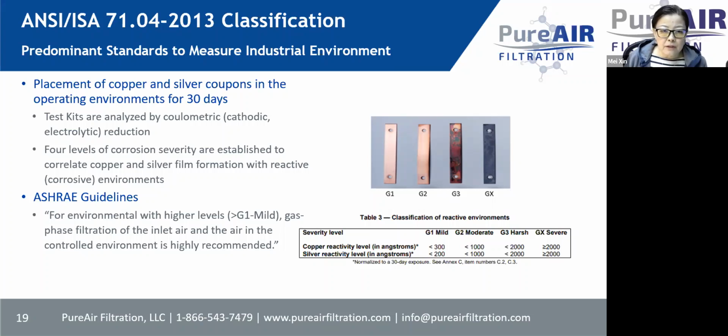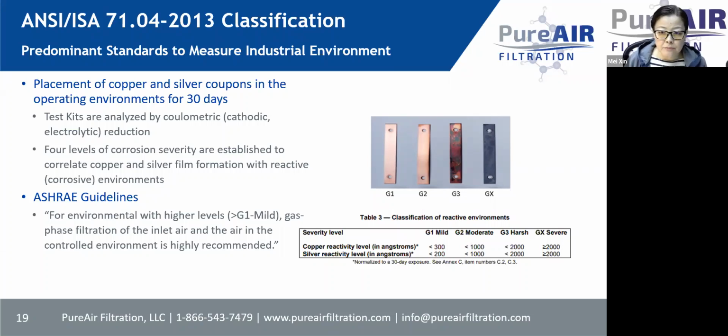So the ANSI/ISA 71.04-2013 classification standard has become the predominant standard to measure industrial environments. This standard categorizes environmental conditions into different levels according to the airborne contaminants.